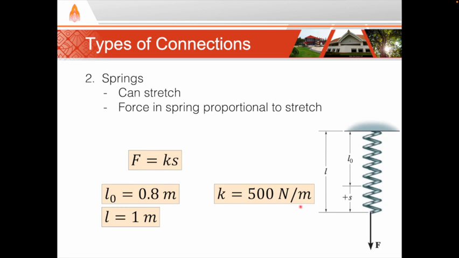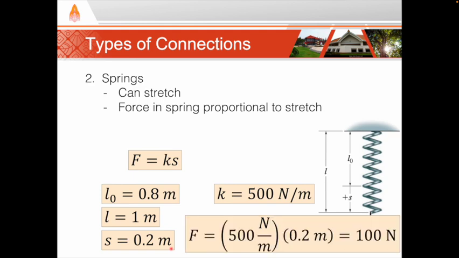So let's find the force, F. First, we have to know how far the spring stretched. We know that it stretched 0.2 meters, from 0.8 to 1. Then we multiply by the constant K, and we find that the magnitude of the force is equal to 100 newtons. Let's look at an example of how to draw a free body diagram.